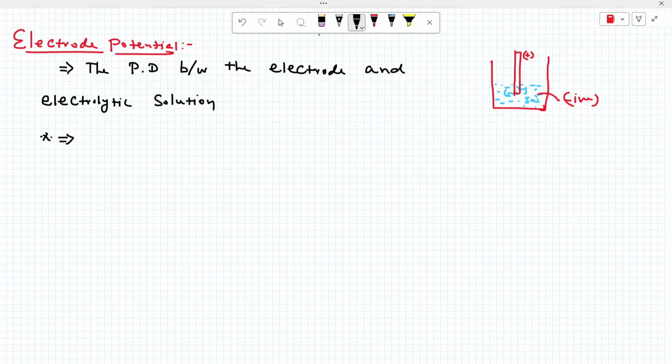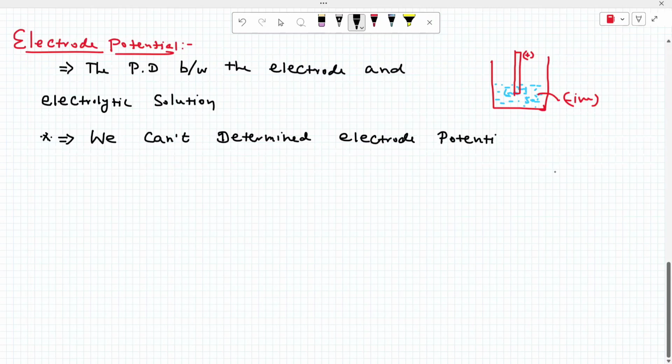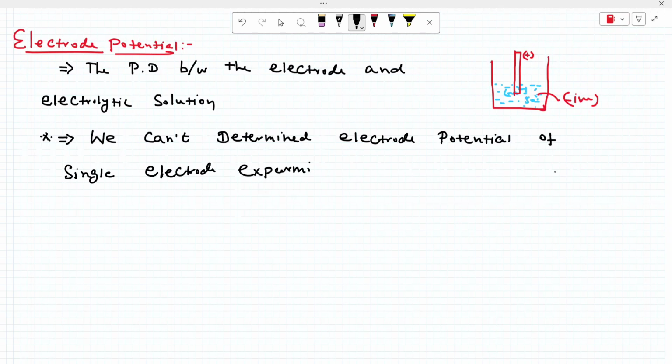Next very important point, please note: we cannot determine the electrode potential of a single electrode experimentally. Anyone tell me how to find out the electrode potential? Any idea, students?